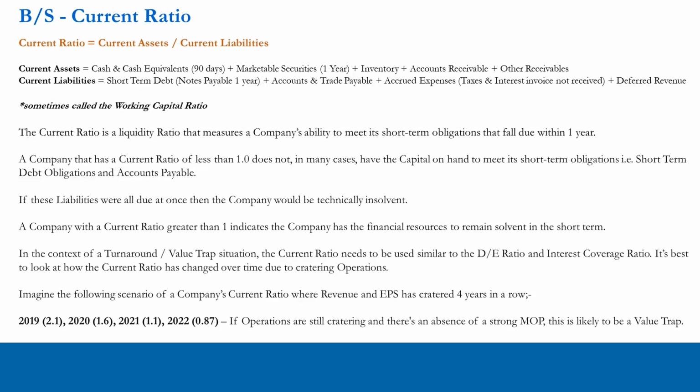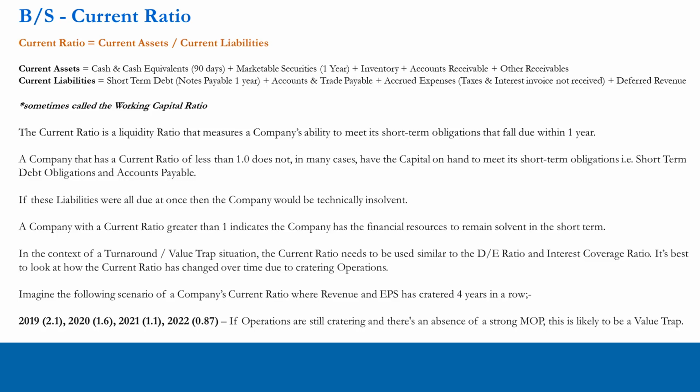So imagine the following scenario of a company's current ratio where revenue and EPS have already been falling, so contracting for 4 years in a row. So in 2019, we have a current ratio of 2.1. In 2020, we have a current ratio of 1.6. In 2021, current ratio is 1.1.